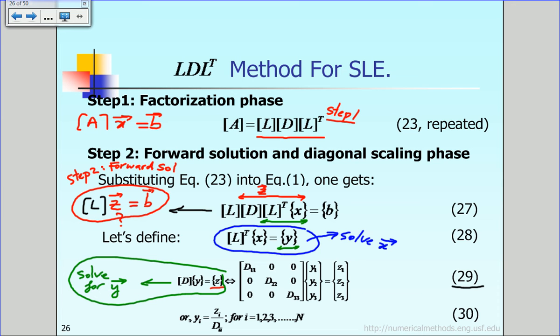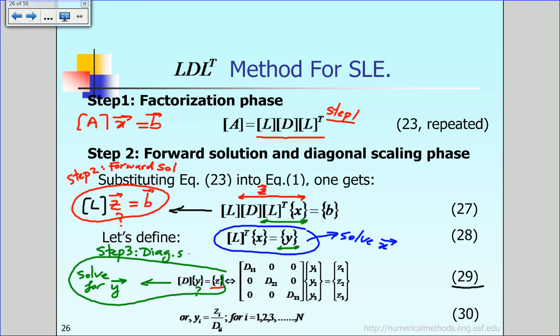After that is done, we go to this equation, which is step number 3. In this step we solve for the unknown vector Y, and this phase is called diagonal scaling.